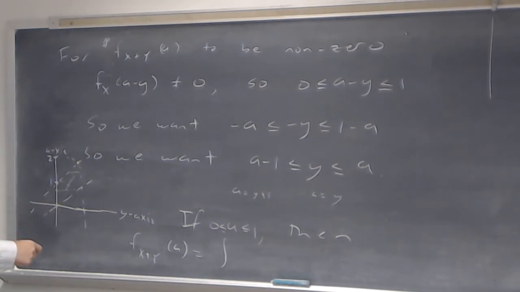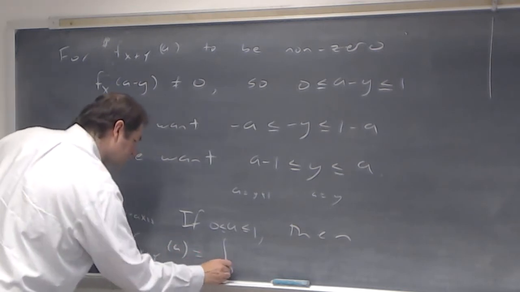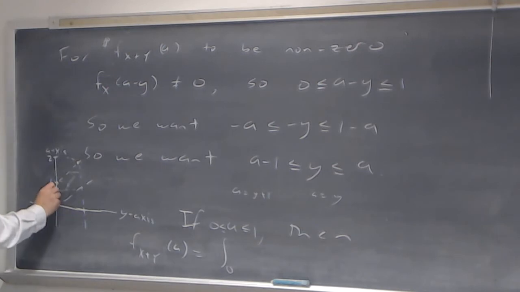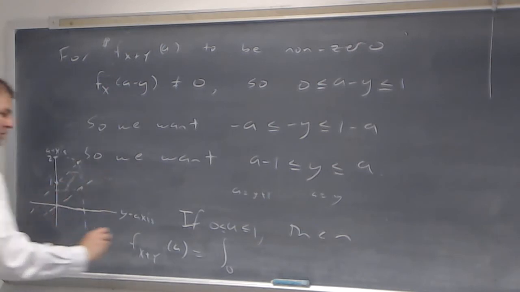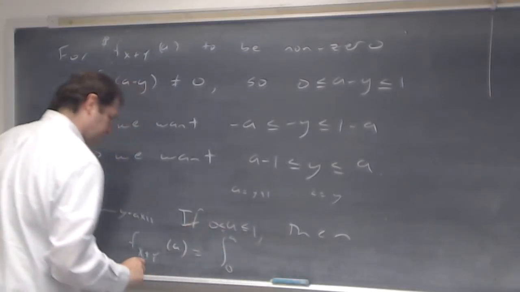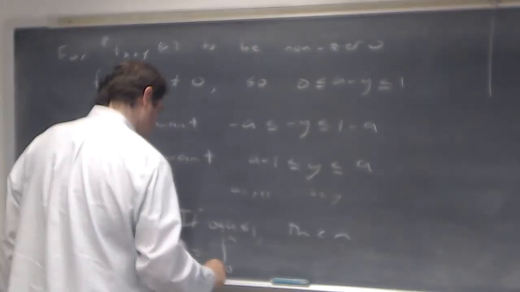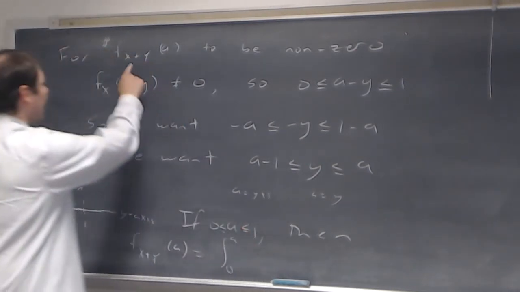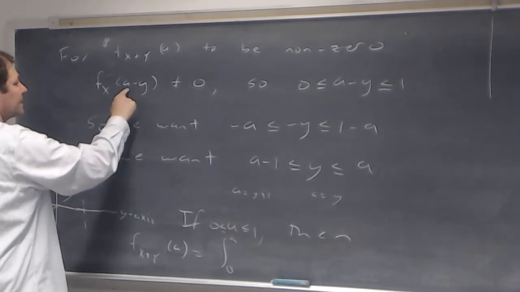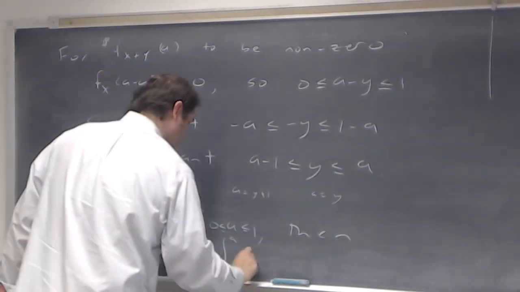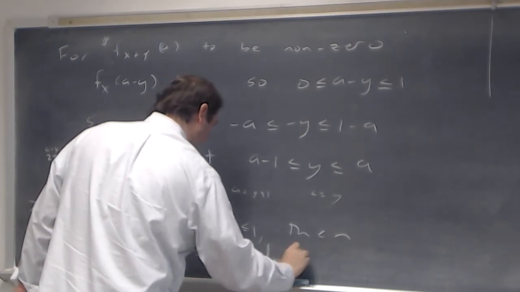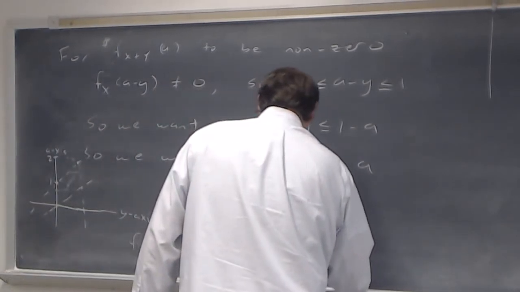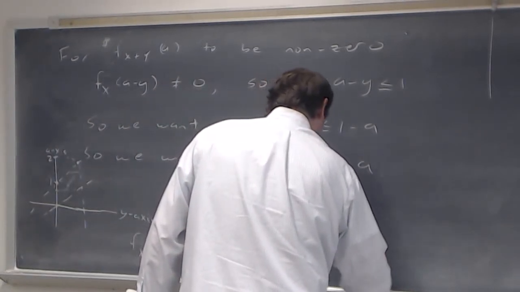If a is between 0 and 1, the y values are going to run from 0 to this line, that was a. And here, f sub x of a minus y, which is what we're integrating, is just going to be 1, and then dy. So we end up getting y evaluated from 0 to a, that's equal to a.